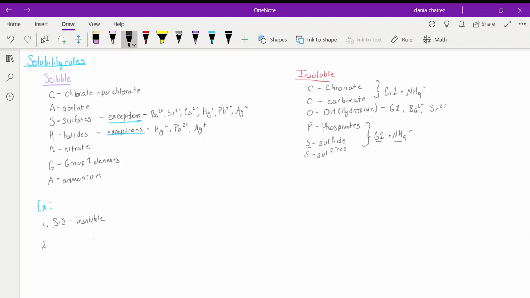Another example, let's take ammonium carbonate, which is NH4, CO3. Carbonate is insoluble because it's our second C, unless we mix it with group 1 or ammonium, and this is ammonium carbonate, so therefore it is soluble.